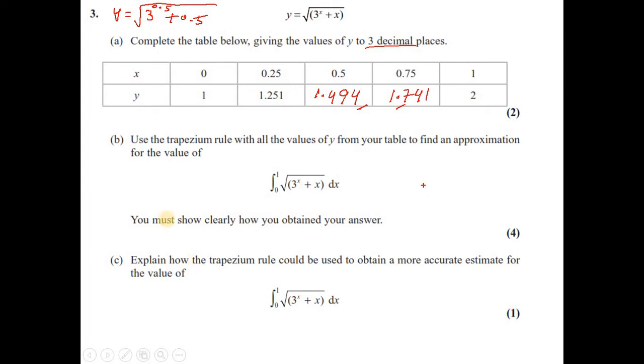So remember, the trapezium rule says that the estimated area is equal to half of h times (ya plus yb plus twice of (y1 plus y2 plus y3)) and so on.